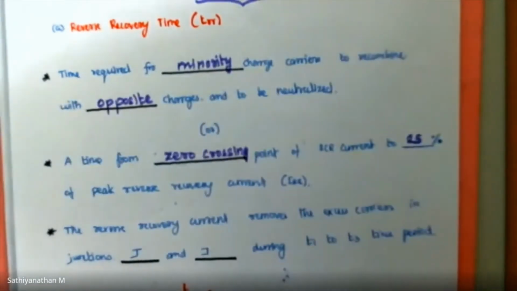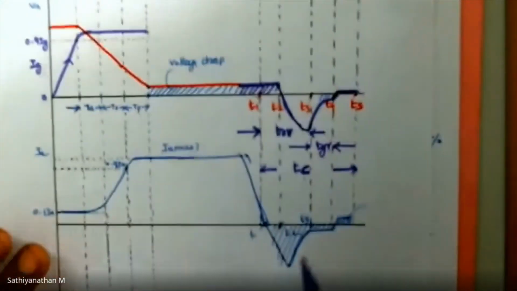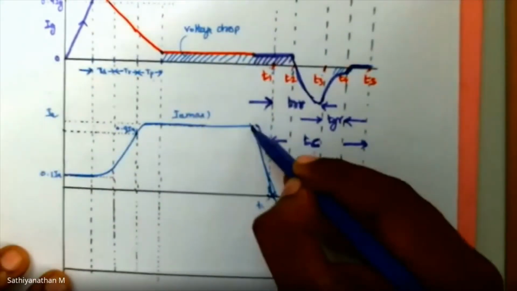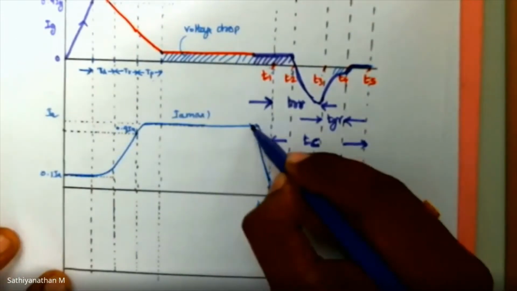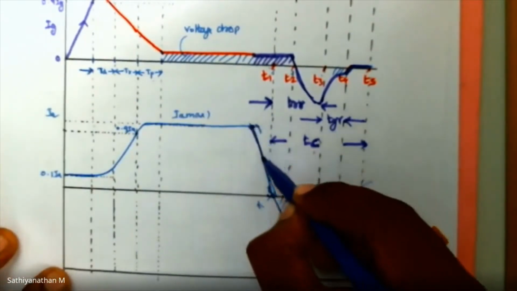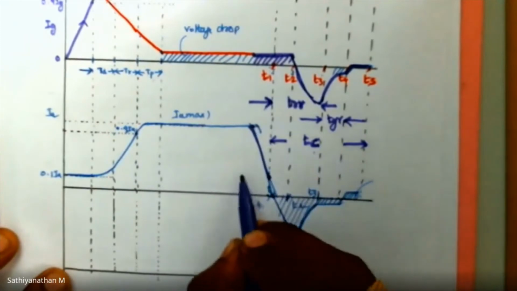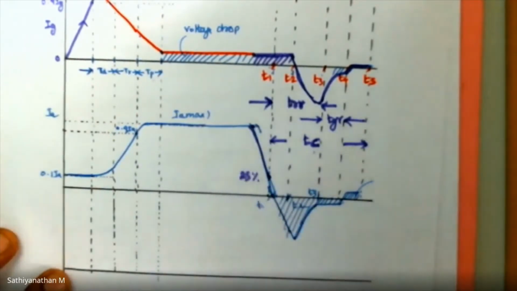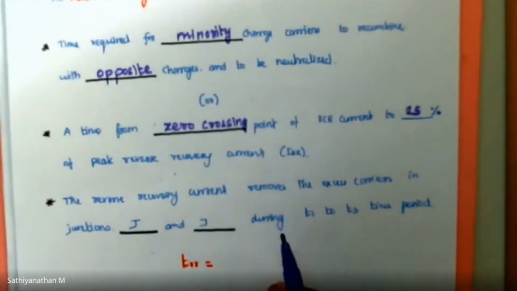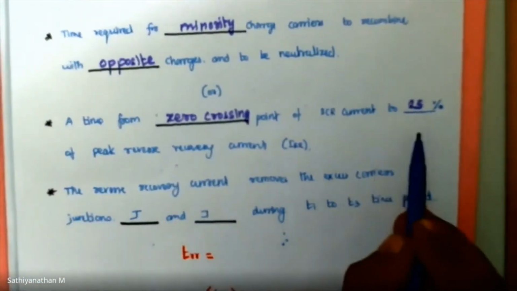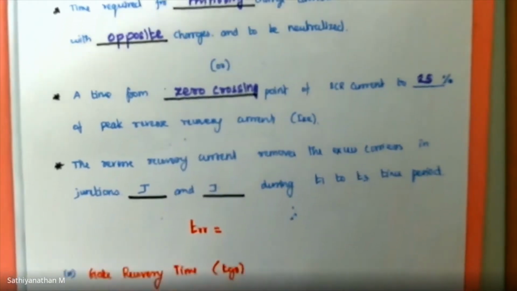Here you can see, this is your SCR current, the peak value, and during this interval, it should reach at least 25% of its peak value, right? So this interval is called what? Reverse recovery time. So it reaches 25% during this time interval.